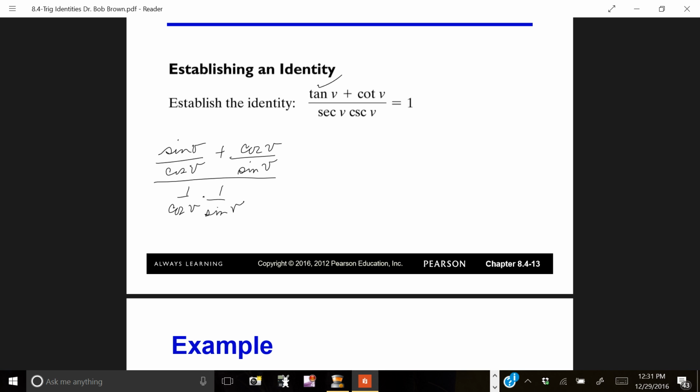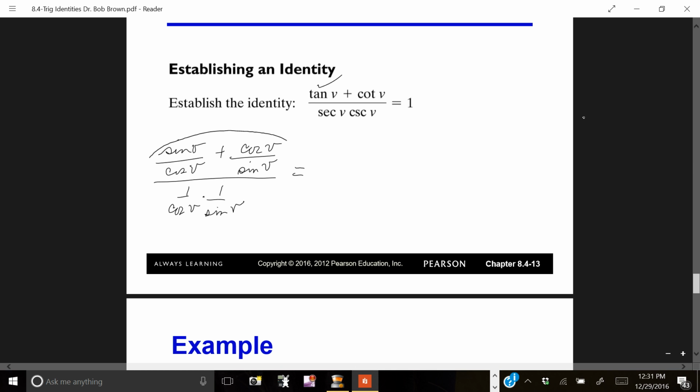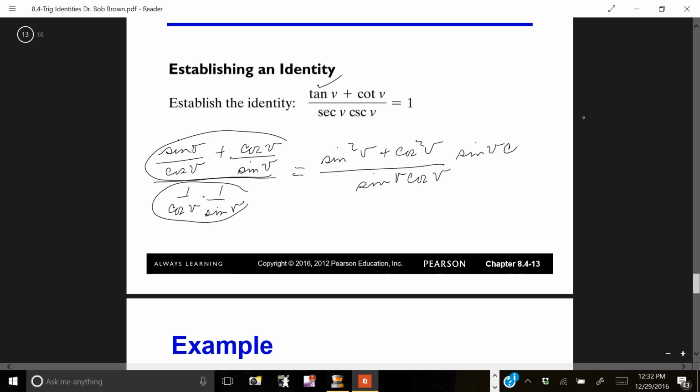And let's now combine all of this. Combining these expressions, we get sine squared of v plus cosine squared of v over sine of v times cosine of v, dividing by 1 over cosine v sine v, flipping it over, we get sine of v cosine of v.